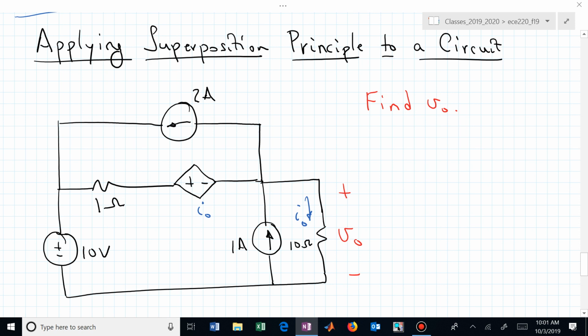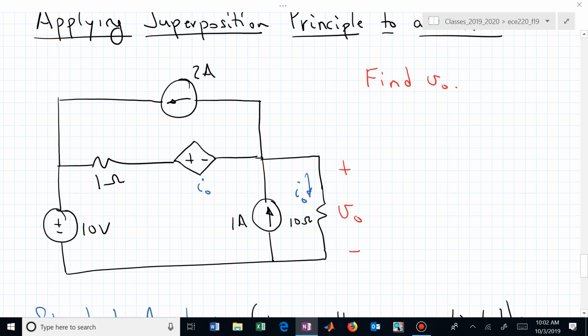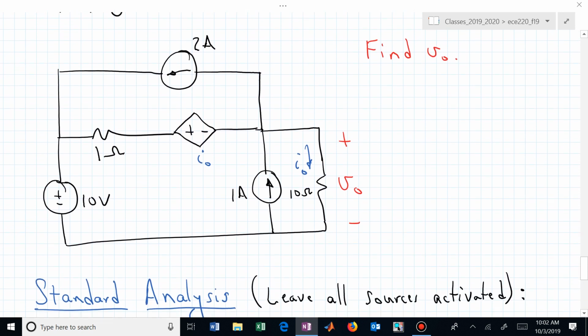That's our circuit. If we now wanted to analyze that with everything active, are you starting to see a strategy for analyzing that circuit?